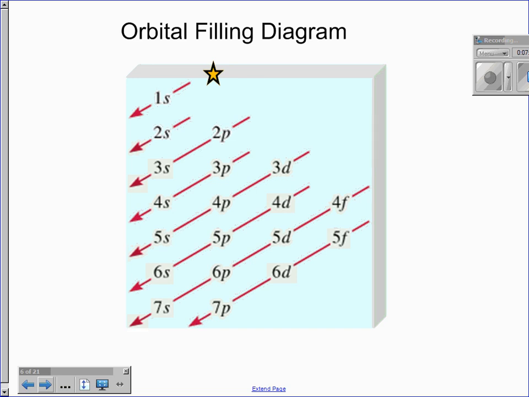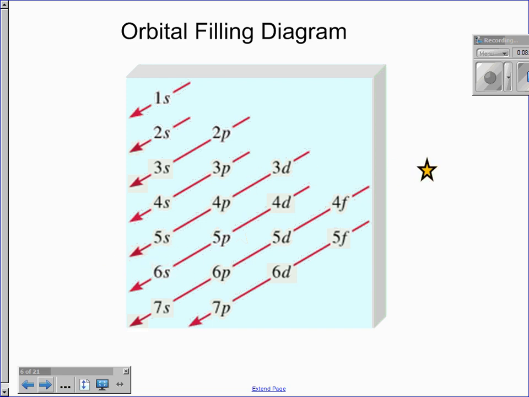The way this works is my star is on the path of my traveling finger here. We start with 1s, and we're going to fill that orbital. Then we go 2s. Then we go 2p and 3s. Then we go 3p and 4s. This is the order in which the orbitals get filled: 3d, 4p, 5s, 4d, 5p, 6s, and so forth.